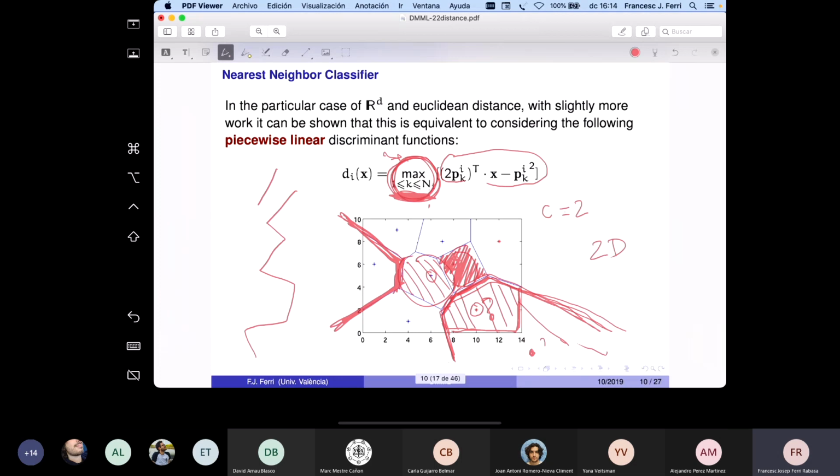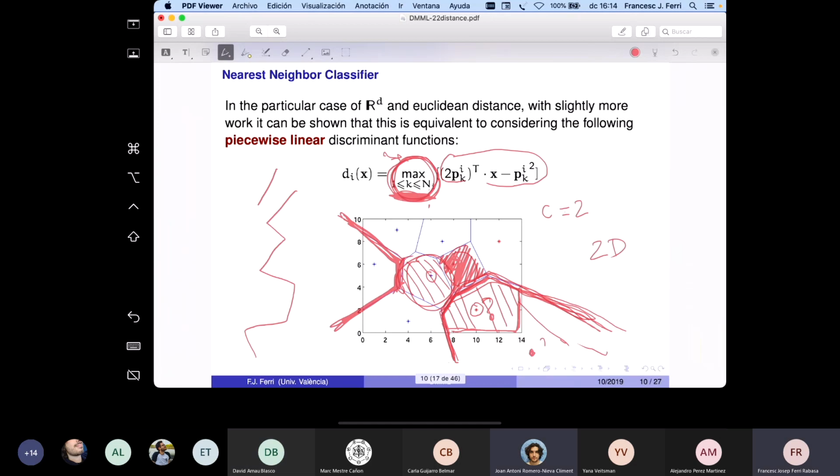Has to be. This is a convex polytope, but it can be closed or it can be open. You see?